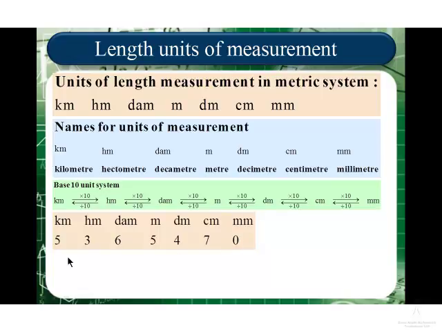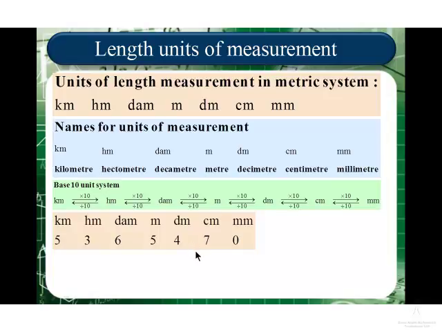If I would like to represent this exact measurement in centimeters, clearly the decimal position will shift 1 to the left, and then I can say I have here 536,547 centimeters. And again, if I shift the decimal one position to the left, I will be measuring the same length in decimeters, and then I will have 53,654.7 decimeters, and so on.